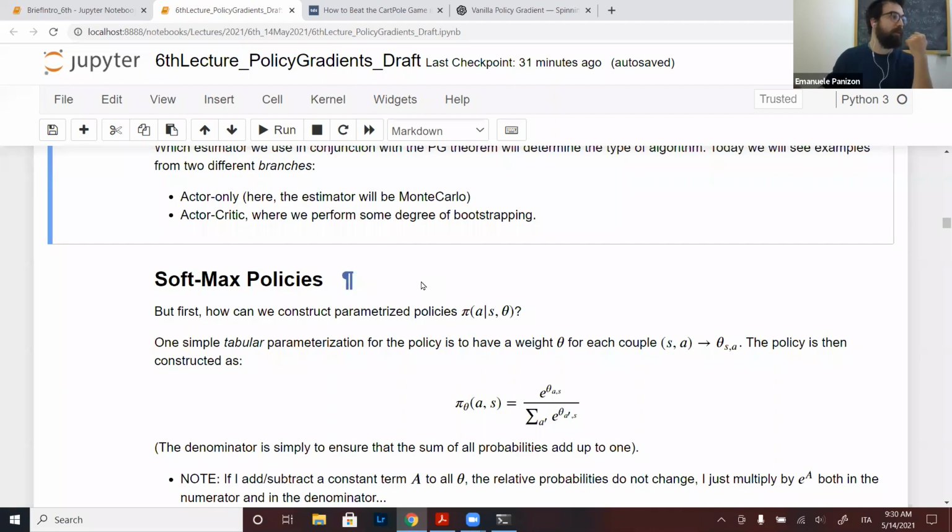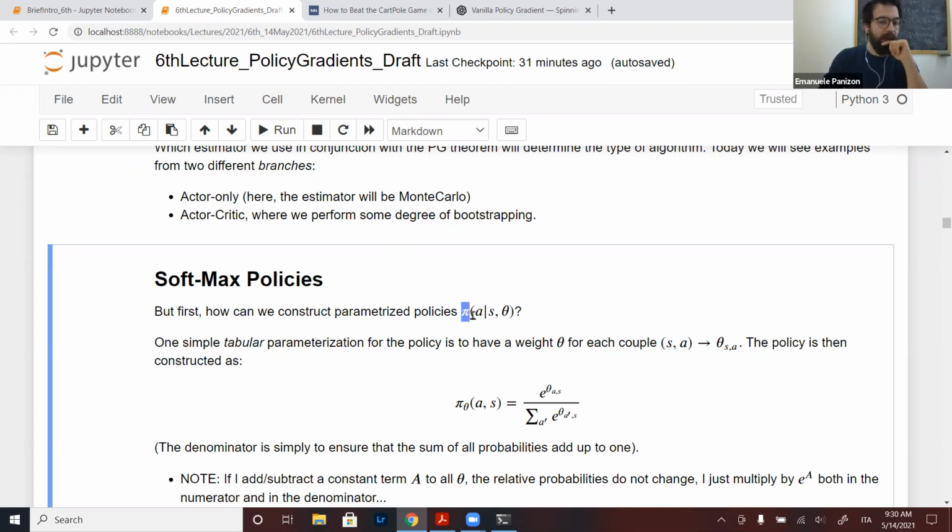So the first thing one should ask is, what kind of parameterized policies are we talking of? How can we construct a parameterized policy pi of A given S, theta? A very simple one, which you have found already in the past lectures.